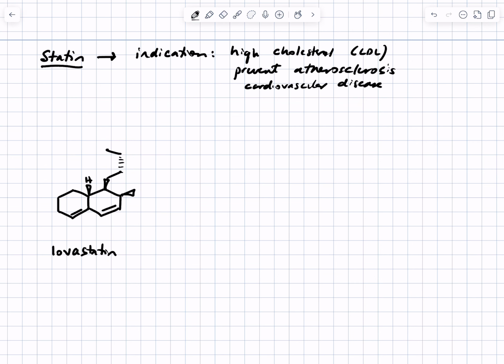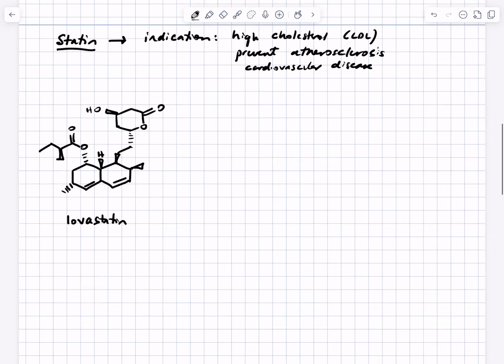Then another 6-membered ring here in which one of the atoms is oxygen. A methyl group here, and then there it is, an oxygen and a side chain. So pretty complicated. This is a natural product, so they could isolate it from the soil fungus.